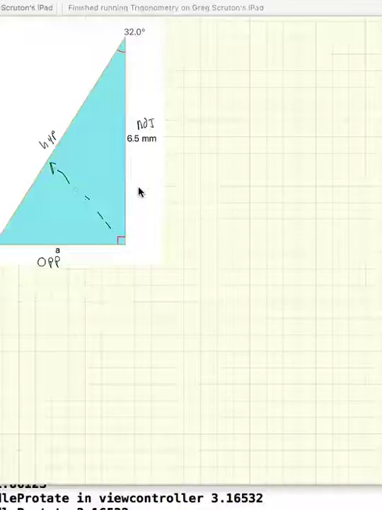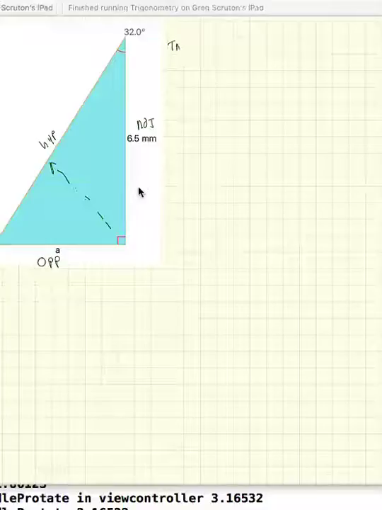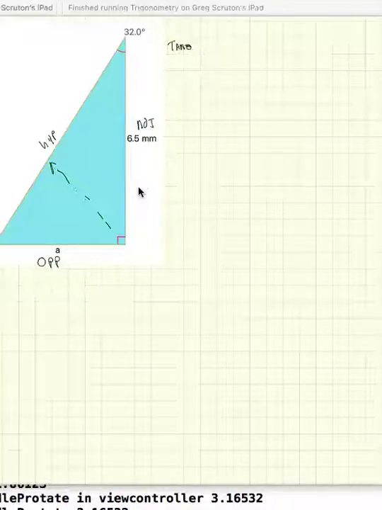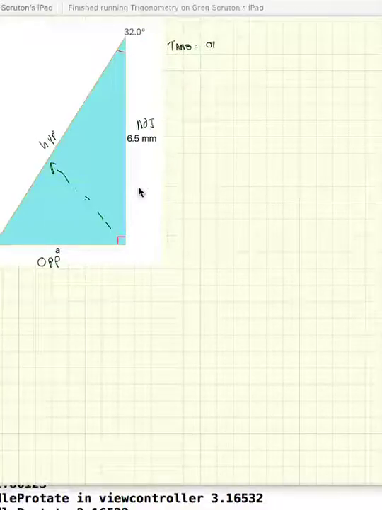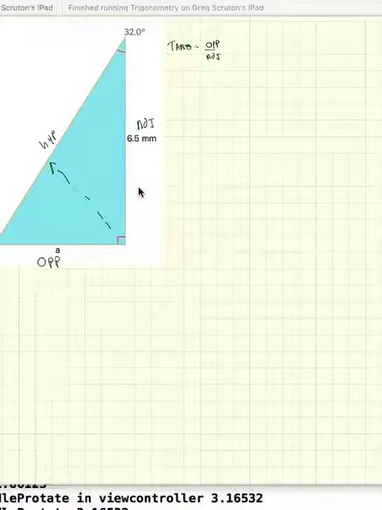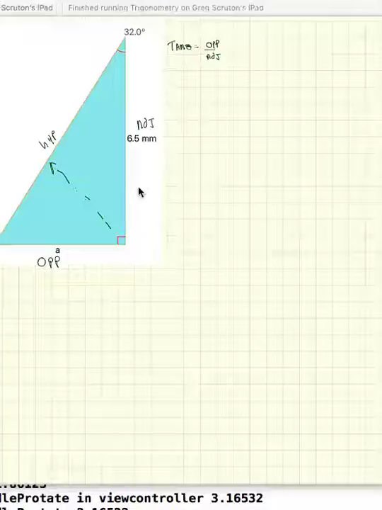Alright, we want to find the opposite, and we're given the adjacent. Opposite over adjacent is tangent. Okay, so the tangent of theta is the opposite divided by the adjacent. Okay, and in this case the opposite is A, and the adjacent is 6.5 millimeters.